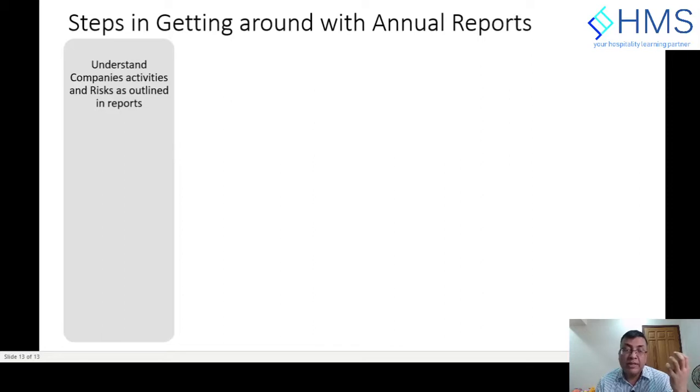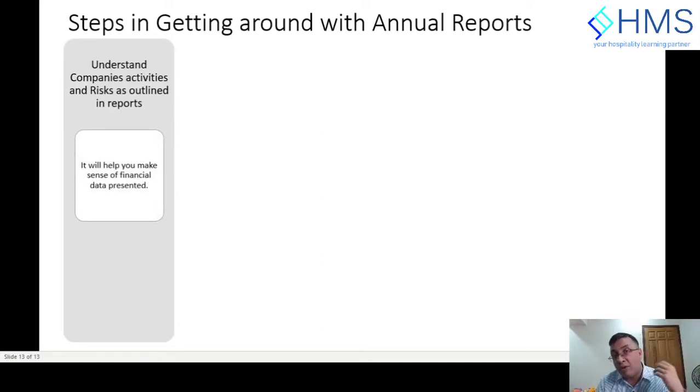So the first thing you have to understand about the company is its activity and risk. It will help you make sense of the financial data: in which market they are operating, and what their products and services are. You will be able to connect the dots with the market information we're going to gather next, and identify the competitors to compare with.